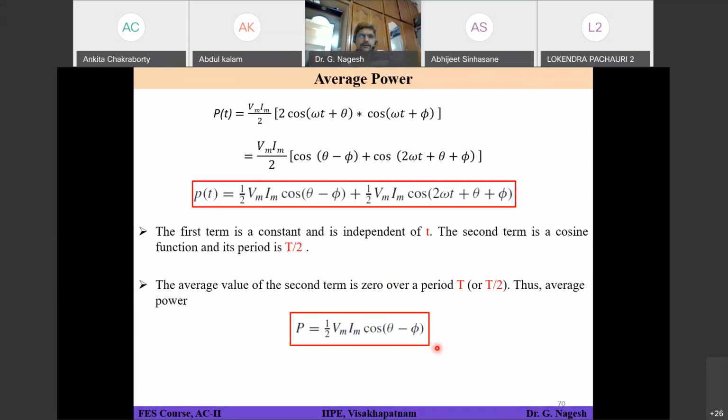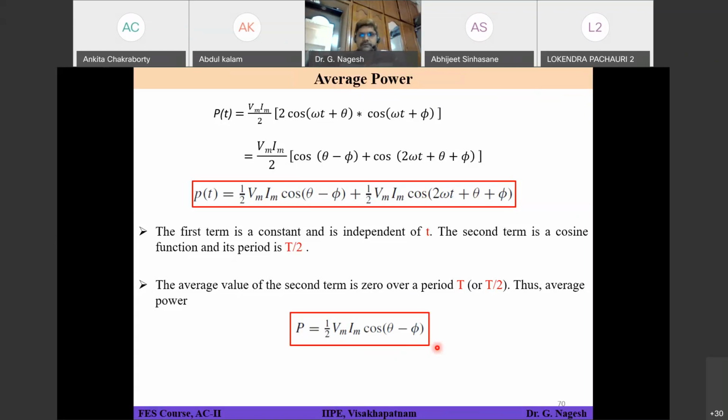Okay, fine. So in the last class we started discussing single phase AC circuits, and in that we started discussing instantaneous power and average power. Once you calculate the instantaneous power, you have to calculate the average value by integrating it over one time period of the source voltage.